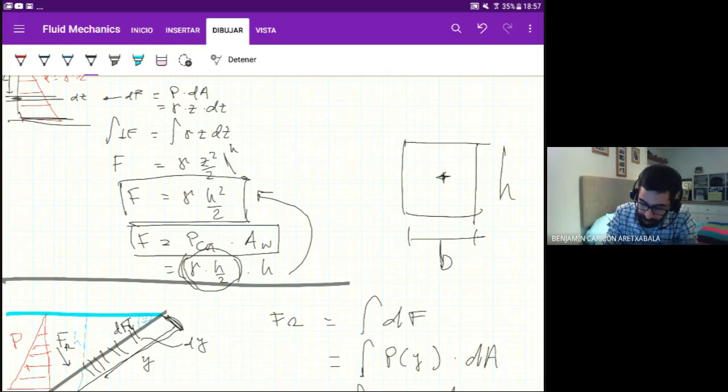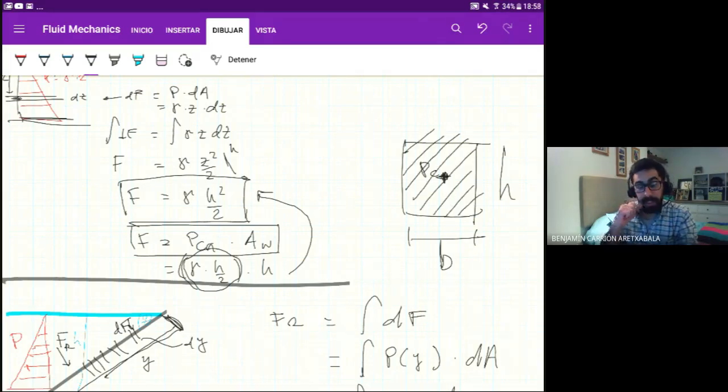If you compute the pressure at the centroid of the wall and then multiply that pressure by the area of the wall, you get the total force. And why is this? Because, like we said in the beginning, the total force is the integral of each contribution at each depth. And since pressure changes linearly, this is equivalent to computing the pressure at the centroid and then applying it to the whole area.